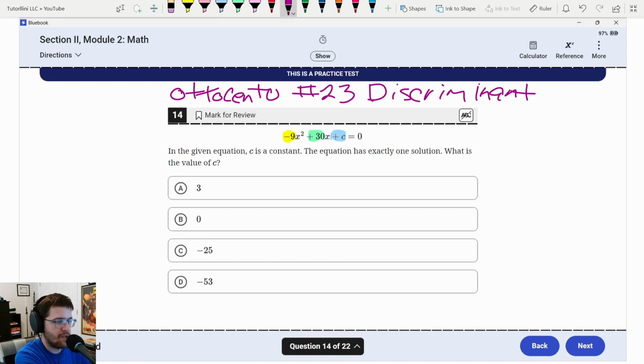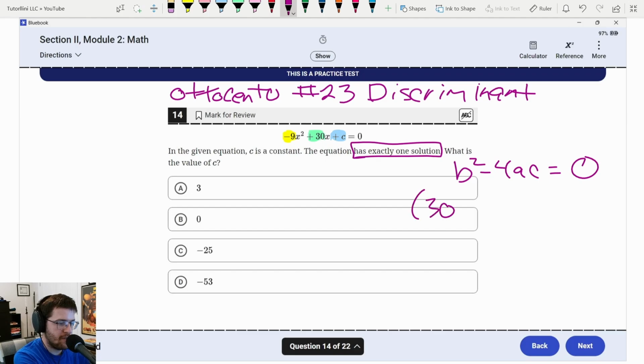Well, the question tells us that the equation has exactly one solution. This tells us that the discriminant, b squared minus 4ac, must be equal to 0. So I'm going to start putting everything in. So 30 squared minus 4 times -9, that's a, times c, which is just c. And what is 30 squared? 900, right?